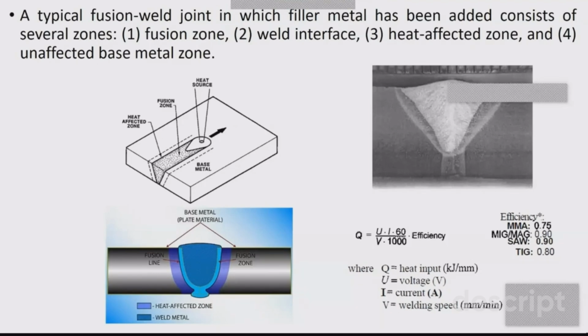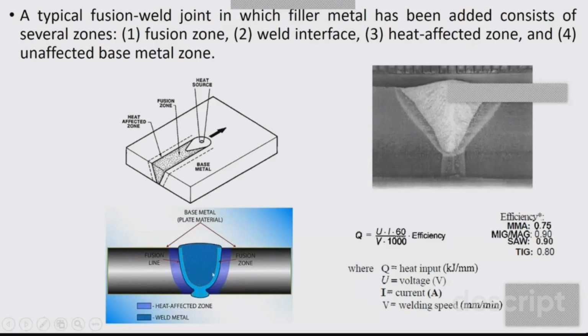In a typical fusion welding joint, filler metal is added, and the joint consists of several zones. When you add filler material between the parts to be joined, or sometimes in the case of an autogenous weld, when there is no additional filler wire and the workpieces to be joined are very thin, the localized heat causes the formation of different zones.